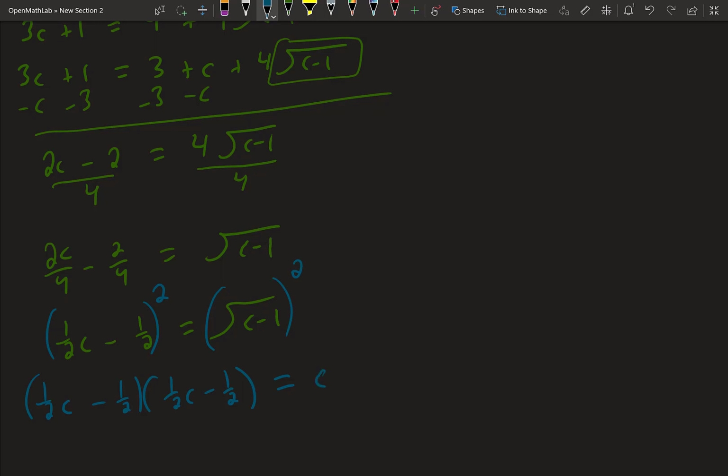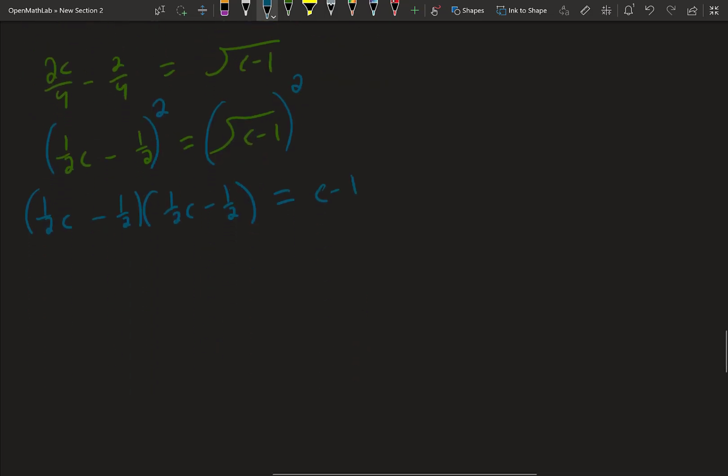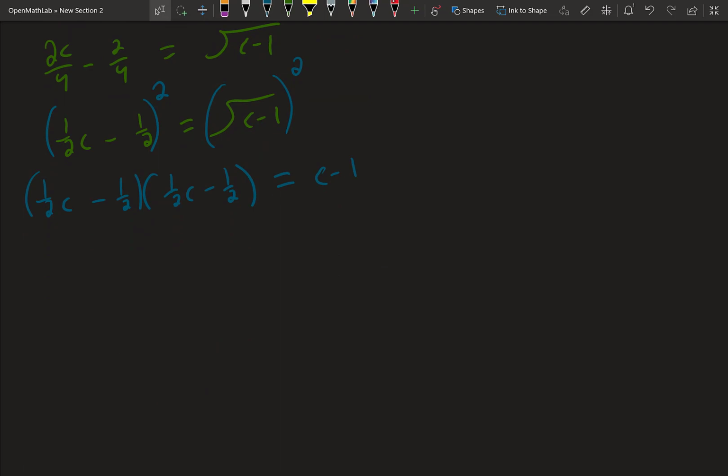So we get c minus 1 on the right-hand side. So I need to FOIL this. So 1/2 times c gives me 1/4 c squared. And then 1/2 c times negative 1/2 would be minus 1/4 c. And then negative 1/2 times 1/2 c would be minus 1/4 c.